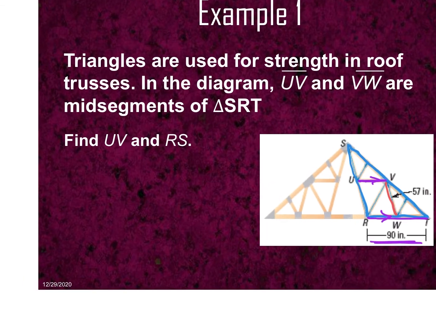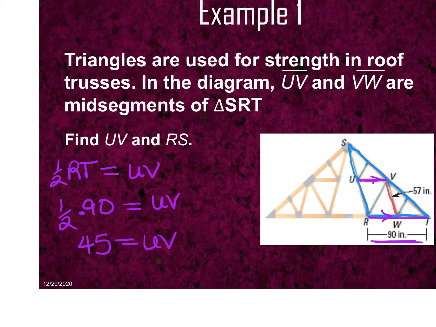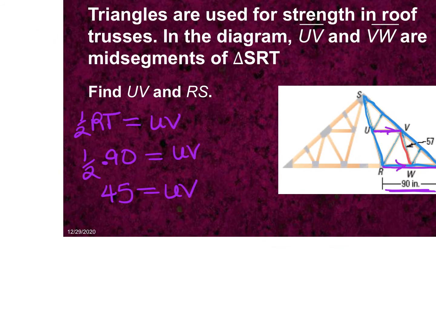If you wanted to show it with the letters, they gave me RT, and I know half of RT is equal to UV. So since RT is 90, all I have to do is multiply it by 1/2, or again, divide by 2. Half of 90 is 45. So the length of UV is 45.